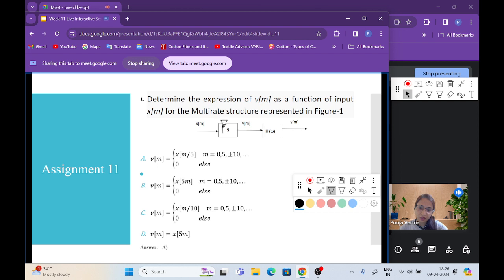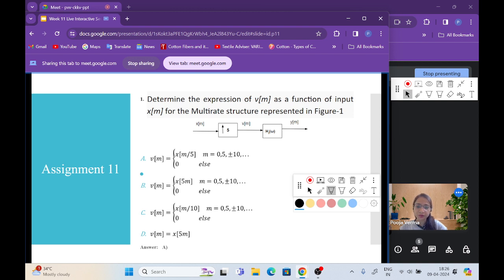This is the symbol of interpolation. So it is upsampled by a factor of 5, and the output signal is given to the anti-imaging filter.